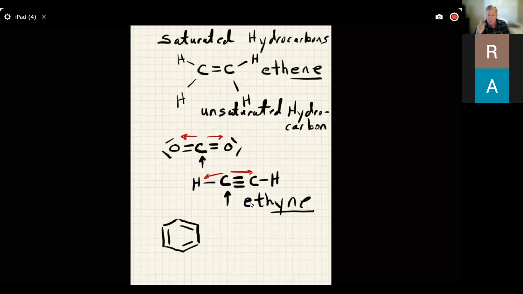But an aromatic is when you have alternating double and single bonds in a ring, all of those carbons in the plane, all in the plane of the board.